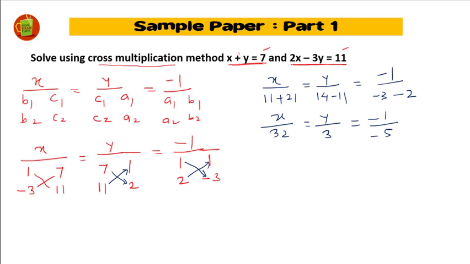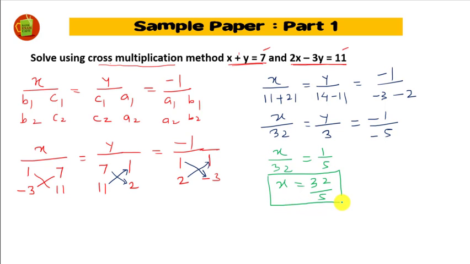Equating the first and the last term, x upon 32 is equal to 1 upon 5, since minus and minus become plus. So x is equal to 32 by 5. So here we have got the value of x, and that is 32 by 5.